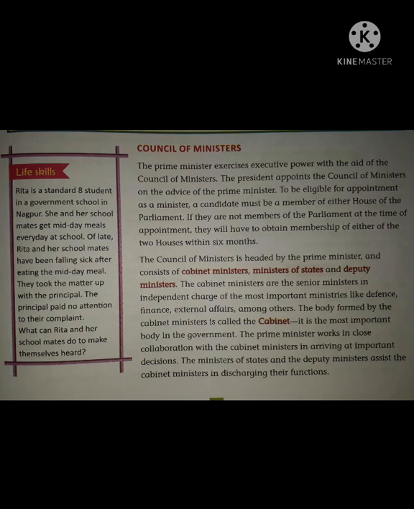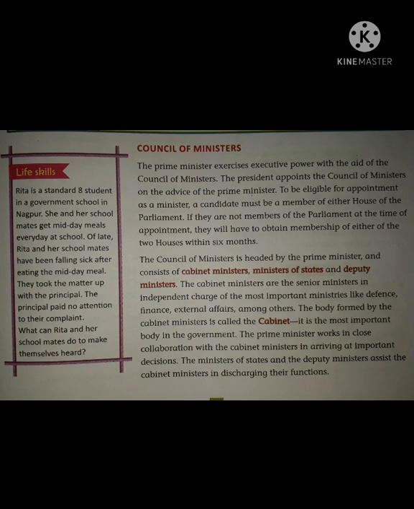The Council of Ministers is headed by the Prime Minister, and it consists of cabinet ministers, ministers of state, and deputy ministers. The cabinet ministers are the senior ministers, who have independent charge of most of the important ministries like defense, finance, external affairs, among others. The body formed by cabinet ministers is called the cabinet, which is a very important body in the government.